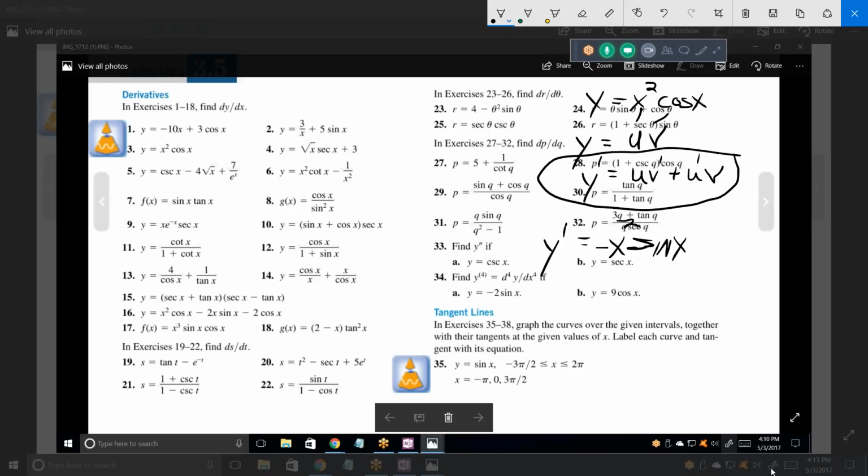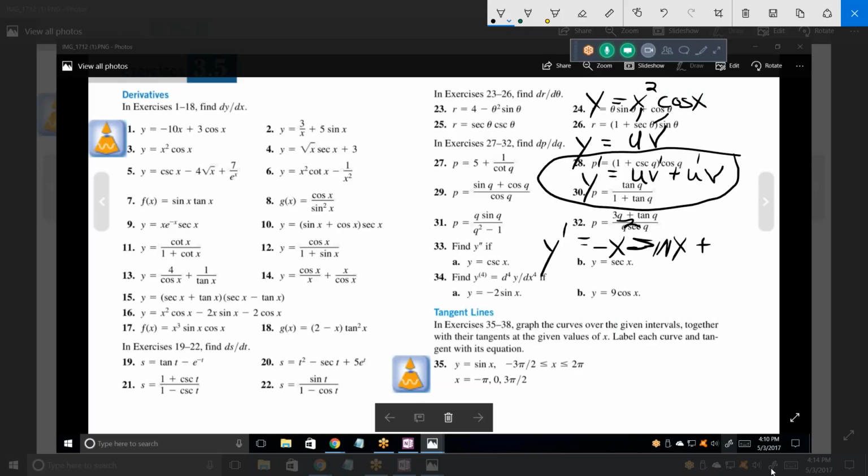There's a negative sign in front of that because remember the derivative of cosine is negative sine. Okay. Plus, what's the rest of it? What's u prime v?